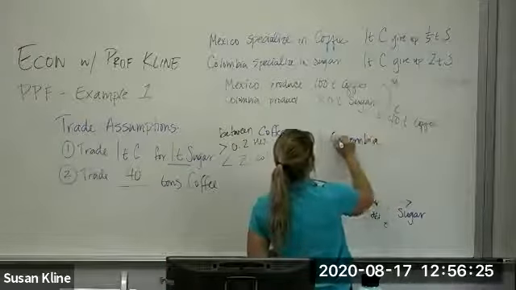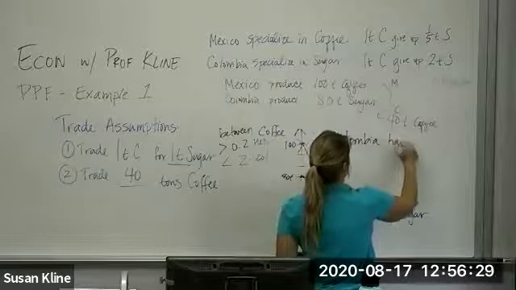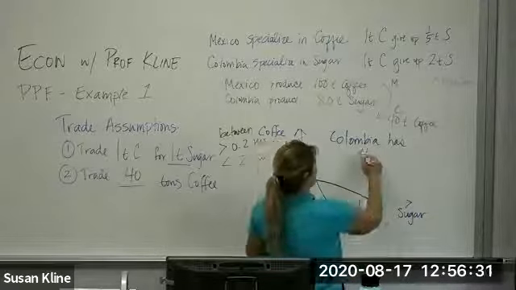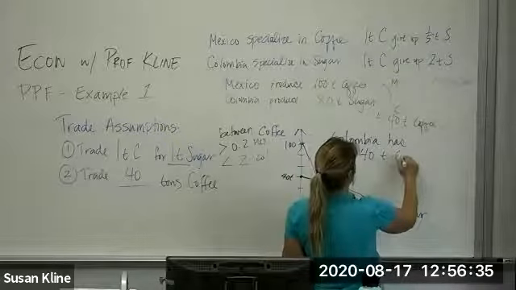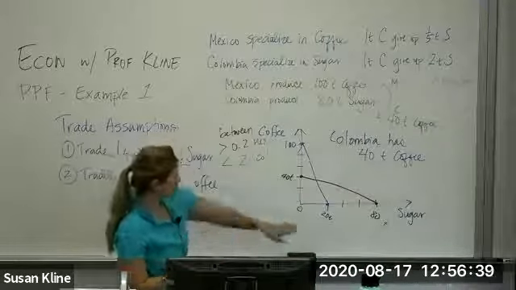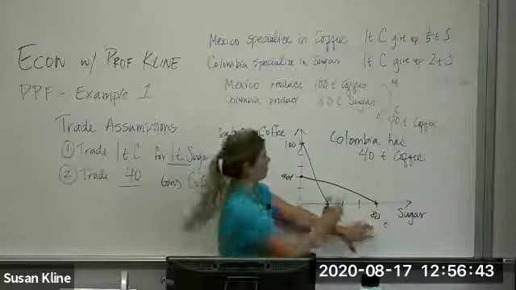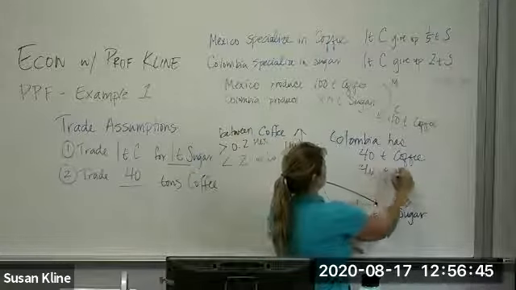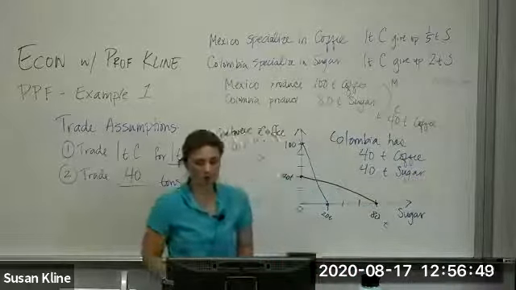Colombia has 40 tons of coffee that they received from Mexico. And then they had to send away 40 tons of sugar, but what are they left with? 40 tons of sugar. That is going to be some sweet coffee, right?